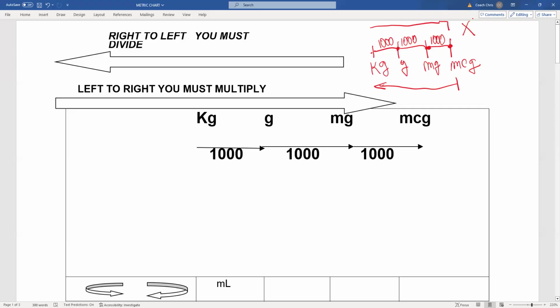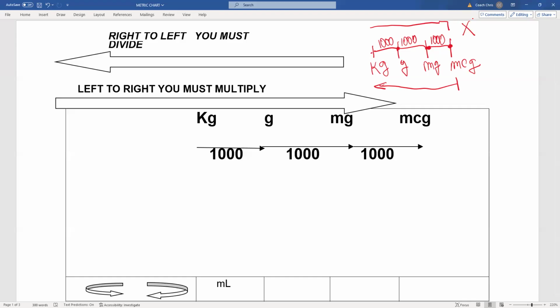So kilogram to gram, how many stops? It's 1, so it's 1,000. You saw that? Because I'm going from left to right, I will multiply. So kilogram equals how many milligram? I'm gonna do 1,000 times 1,000, which gives you 1 million. It's 1 with 6 zeros. So kilogram to microgram, which one do you have?